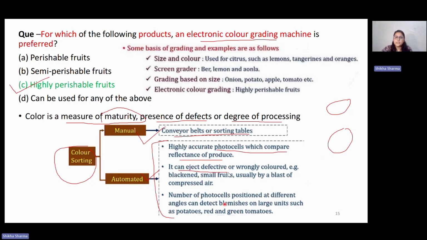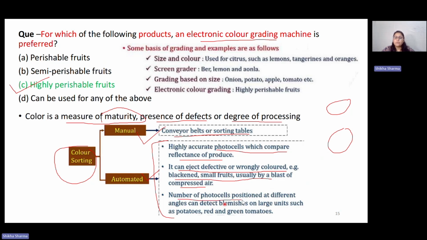It can eject defective or wrongly colored product, like blackened small fruits, usually by a blast of compressed air. So whichever food product is of low grade can be separated using pressurized air.